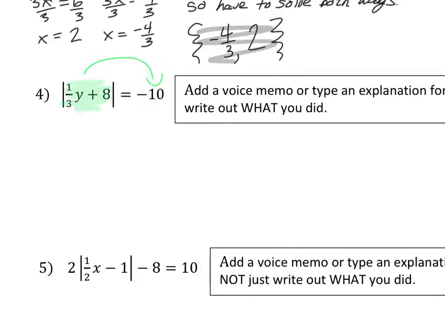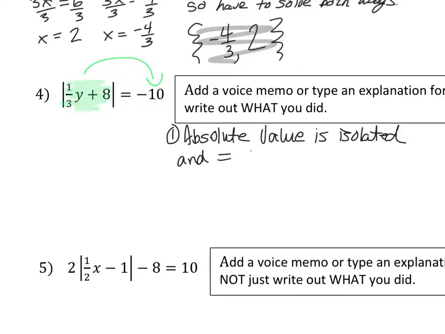Alrighty, so we've got our 1/3 y plus 8 is equal to negative 10. You can't take the absolute value of something and have it turn out to be a negative 10. So absolute value is isolated and equal to a negative number.